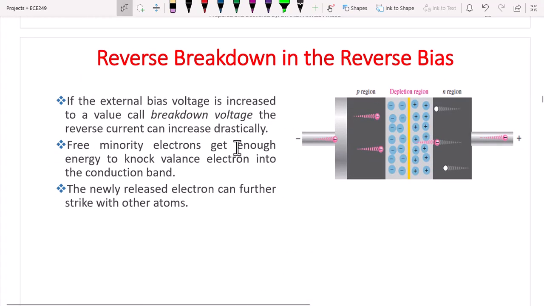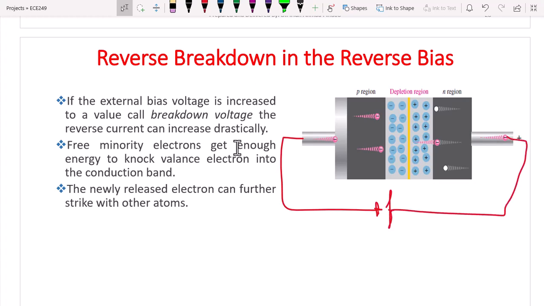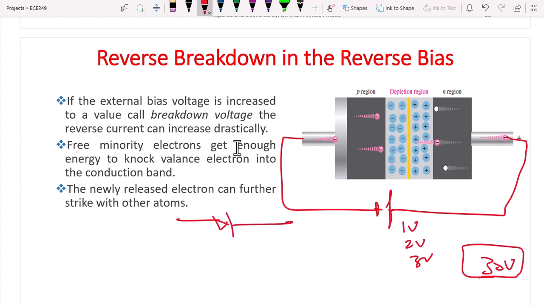Then we also need to understand that, as we said, ideally once you are providing a reverse bias there will be no current, but that does not mean that we will increase this voltage indefinitely to any value. Suppose somebody is giving 30 volt, which is a very high voltage, and expecting that no current will flow. That is not possible, because every diode that we bring from the market has some breakdown voltage.